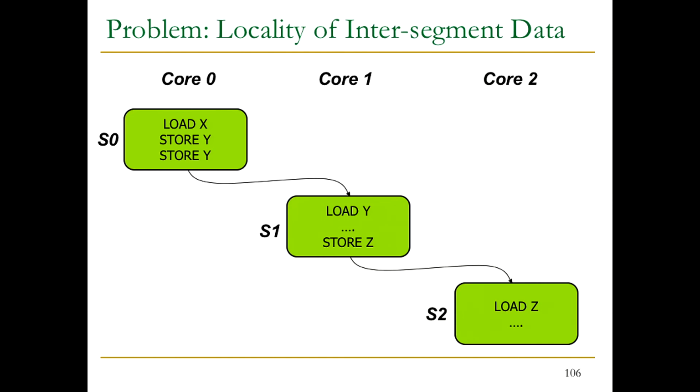The problem is the trade-off. Now you put these stages into different cores. You reduce the inter-segment data locality, or private data locality. For example, this core gets a cache miss on this load Y because that is produced by the previous segment running on some other core. So you need to somehow transfer it. You could rely on the cache coherence protocol, so you could wait.